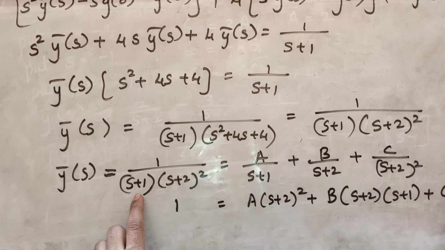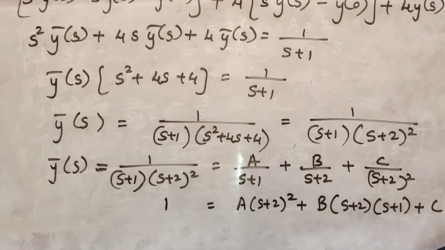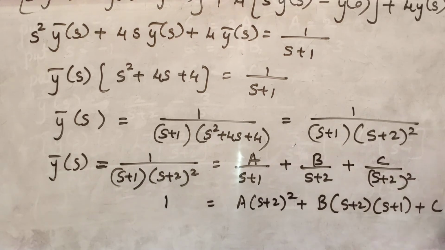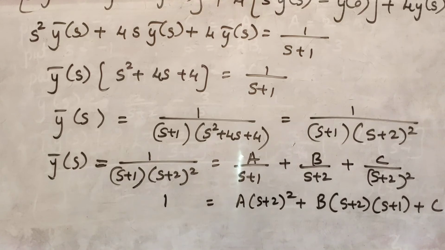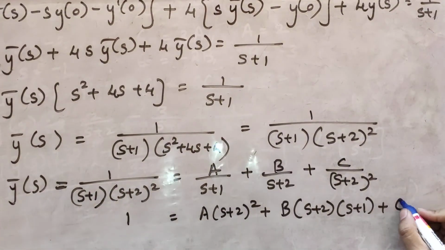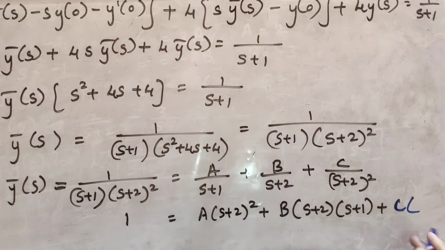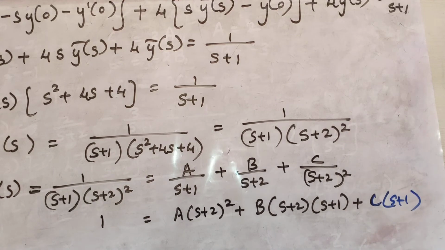In the denominator of C, what is missing? S plus 1 is missing, write it, okay.